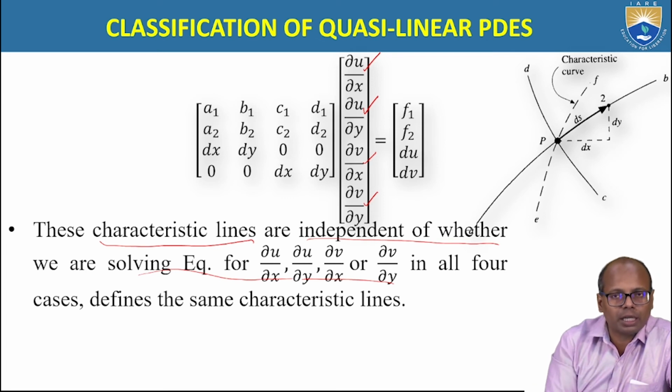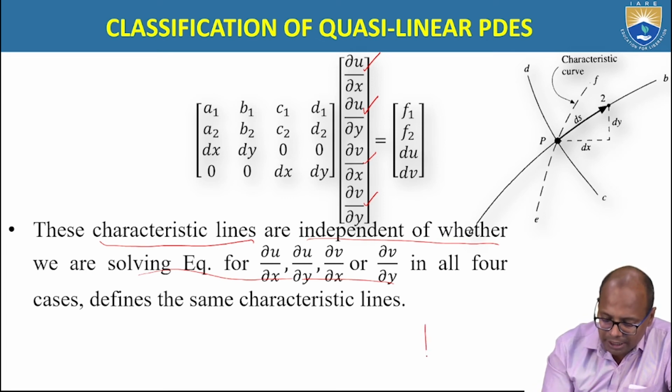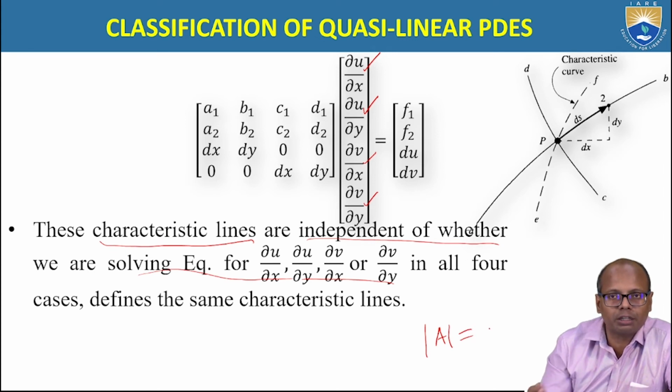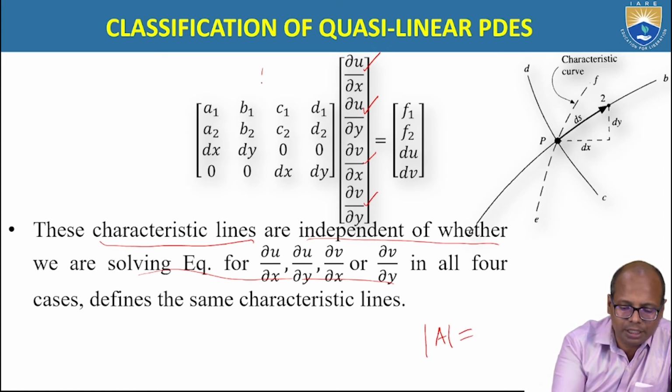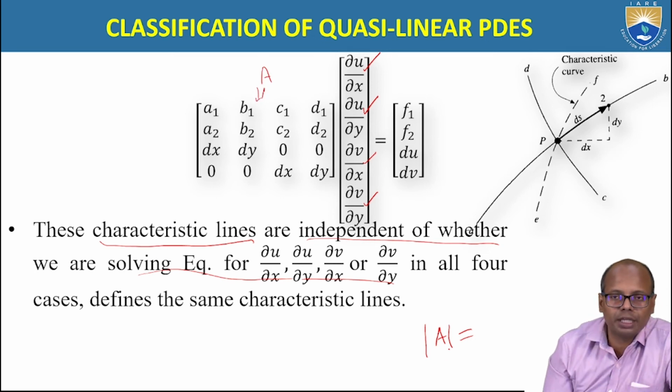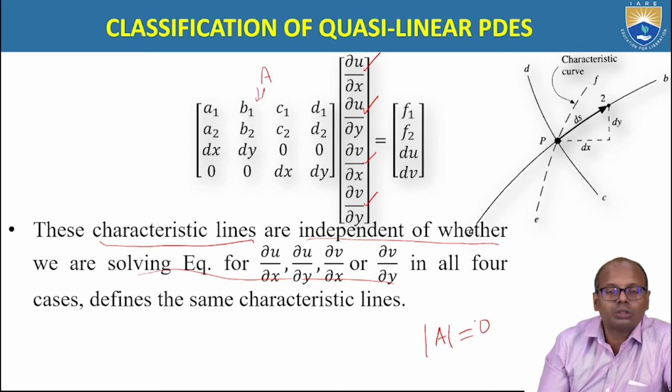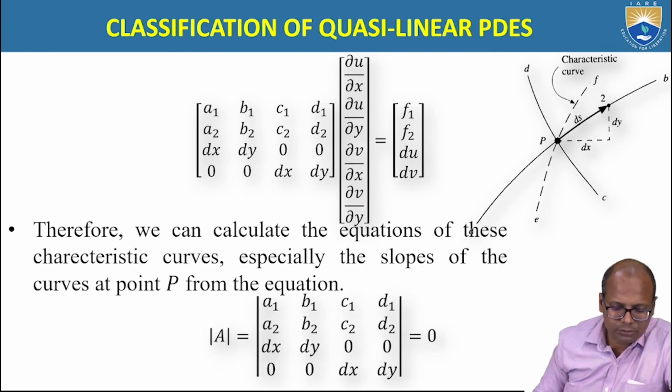Whichever value we are calculating, the denominator is not changing. The denominator is always the determinant of A. This is the A, and the determinant of A is equal to 0. That is the characteristic line.